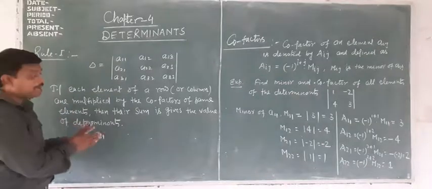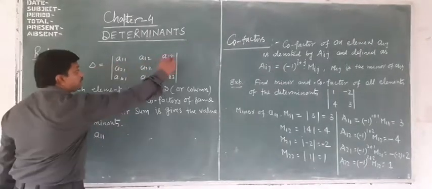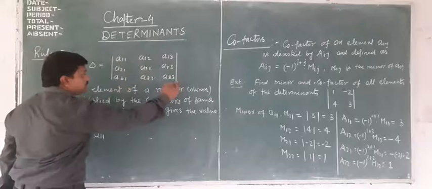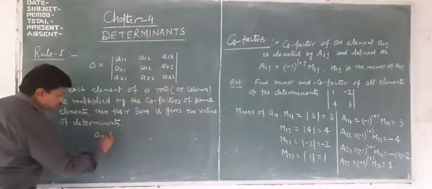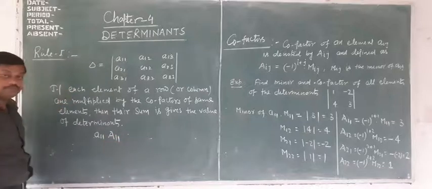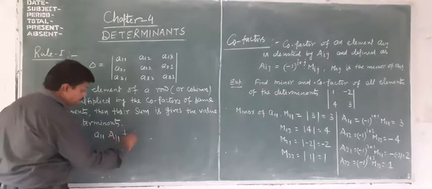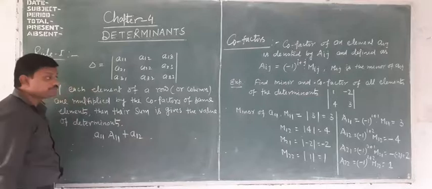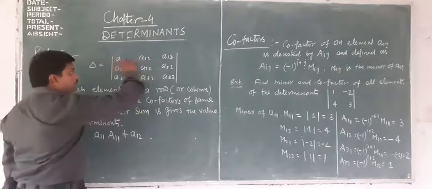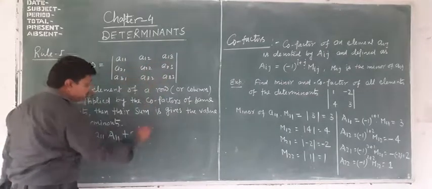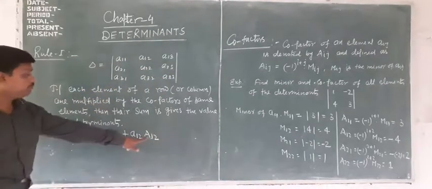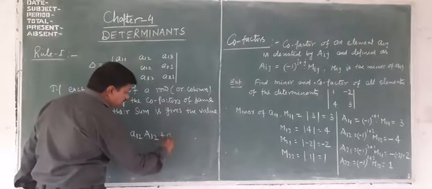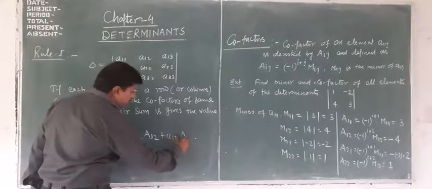A11, deleting that row and that column, this is called the cofactor. So this is denoted by capital A. Similarly, plus A12, deleting that row and that column, this gives the value of the cofactor of A12, plus A13 and A13.